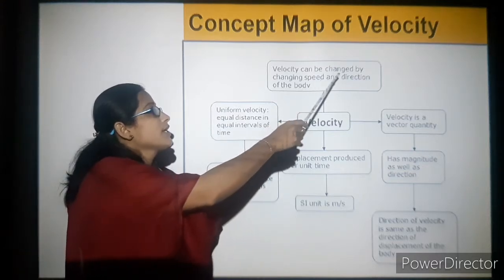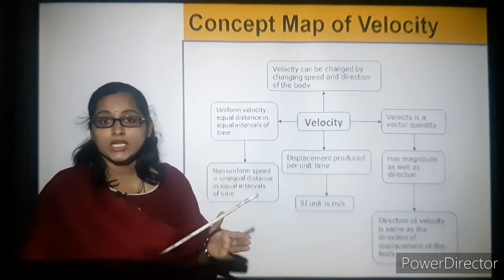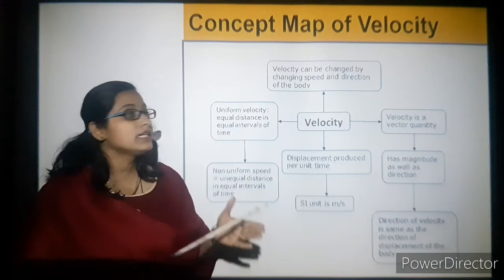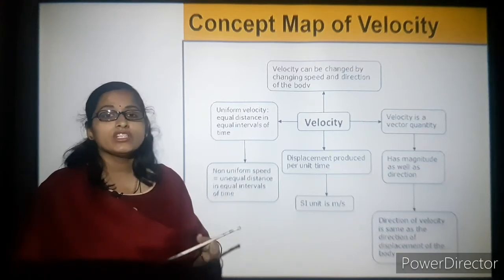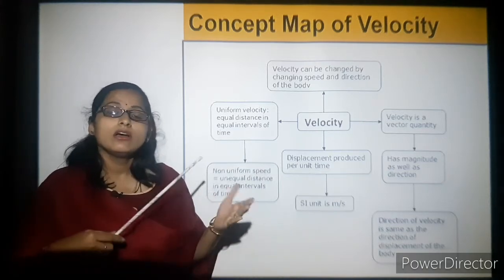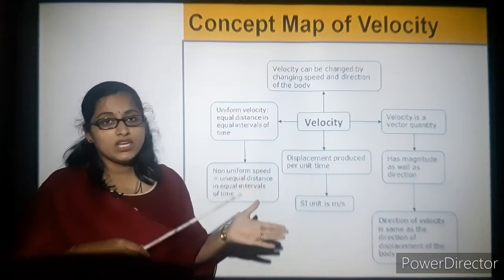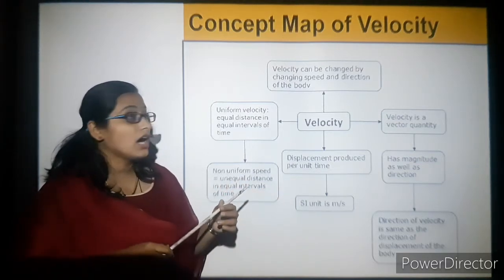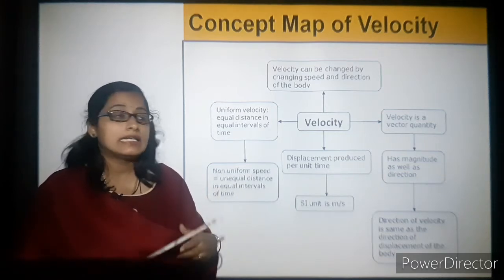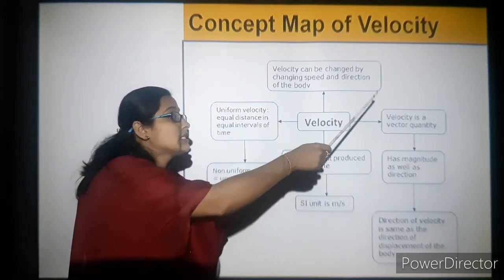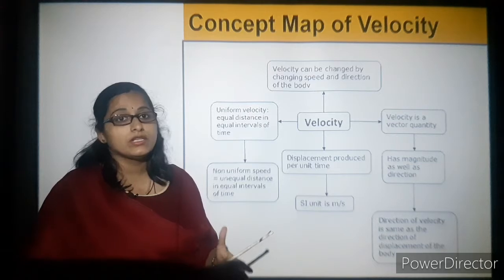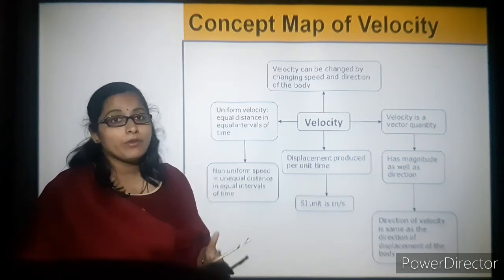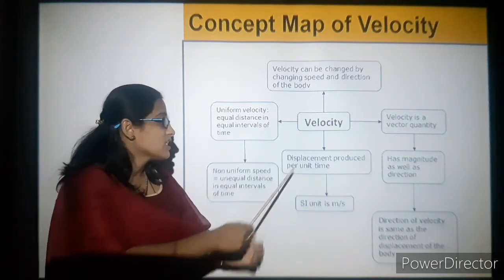Velocity can be changed by changing the speed and direction of the body, because if you change the direction of the body, the velocity differs. It can be either positive or negative. Velocity is a vector quantity because it tells you about the direction of the object.